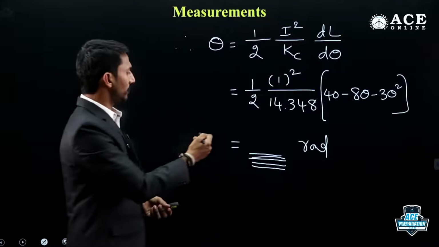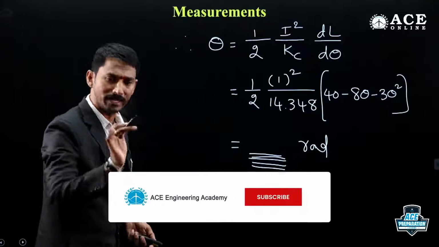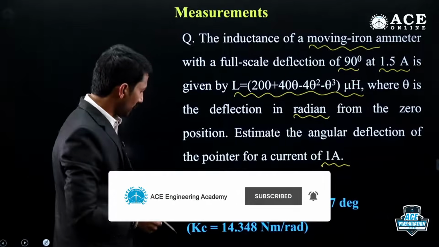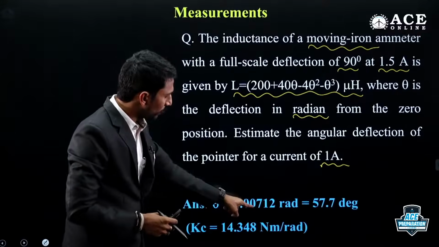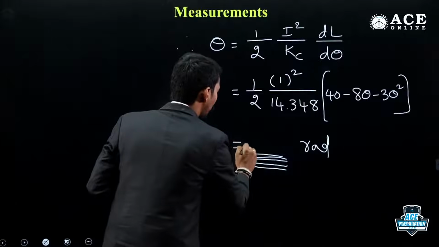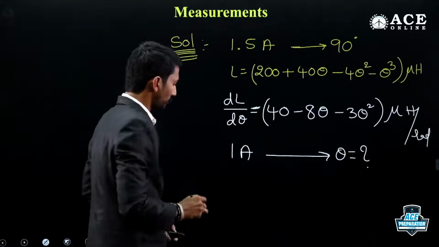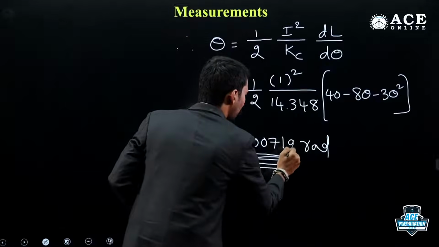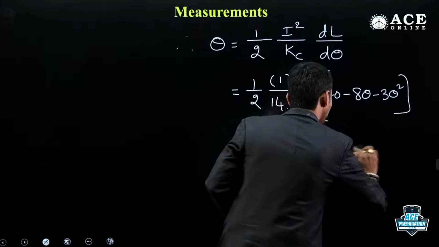Now, any other theta value? No worries, I have all the values, but I am making you practice. Sir, you will be getting 1.00712 radian. Kindly verify. This is the correct answer.